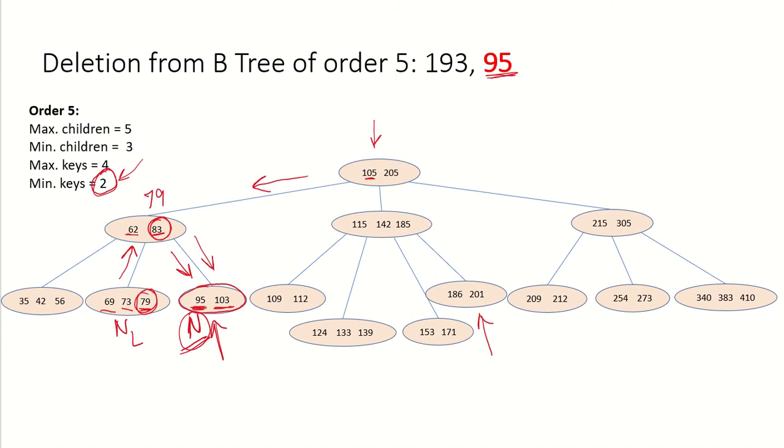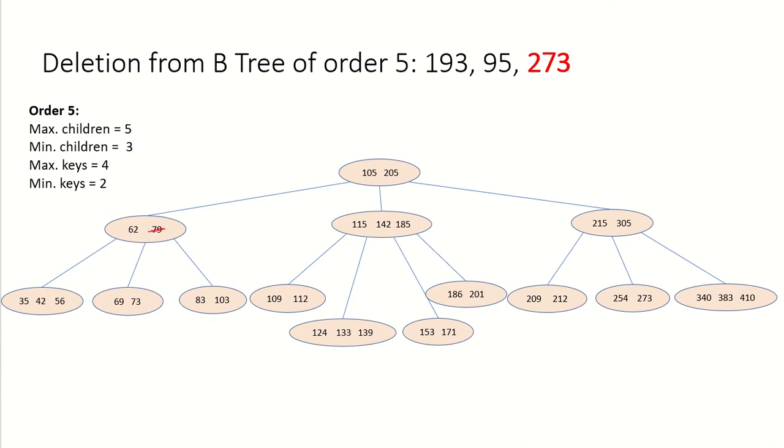So 79 would be sent up and 83 would be sent to the node which needs an extra key. And then after 83 has come here, 95 can be deleted. Now we will be left with 83 and 103, which are 2 keys. So again the property of the B-tree will not be violated.